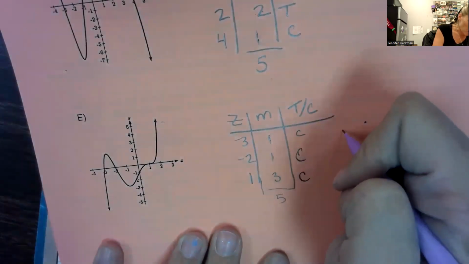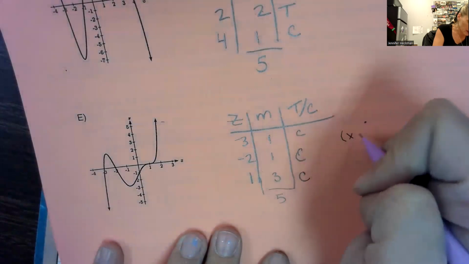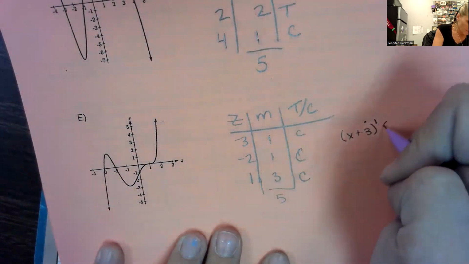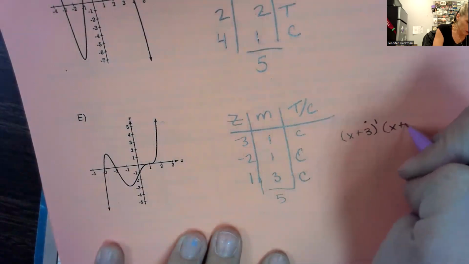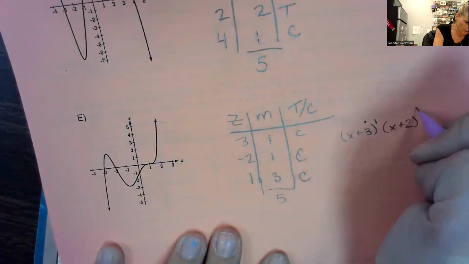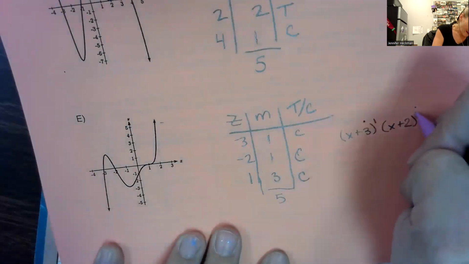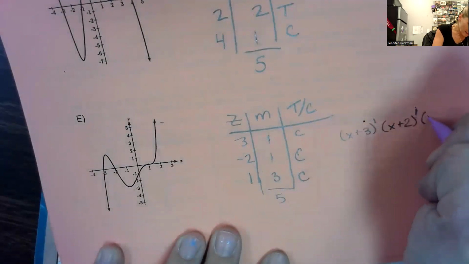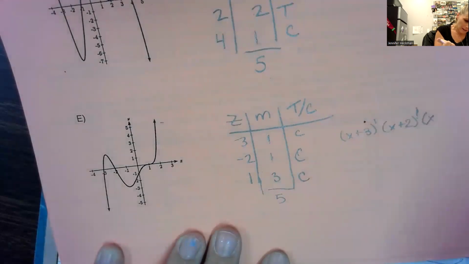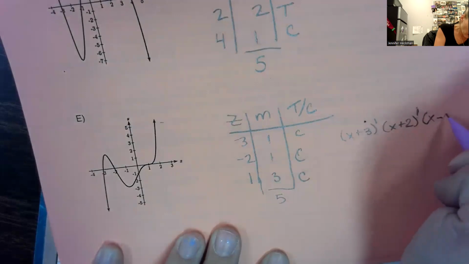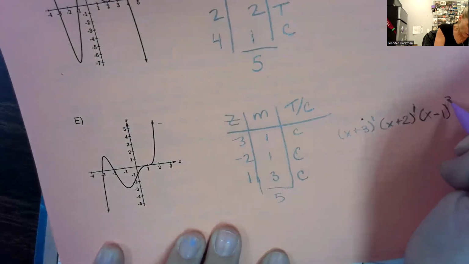So let's put in our binomials. That's x plus 3, and that's to the first. x plus 2, that's to the first. x minus 1, and that's to the third.